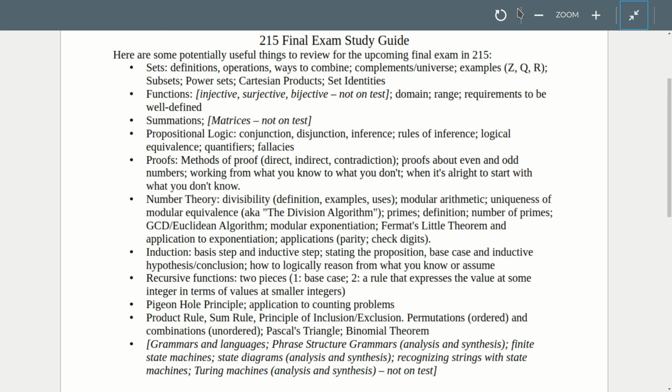The binomial theorem, you had a homework problem on, but it's basically another way to use combinations to look at binomial expansions.